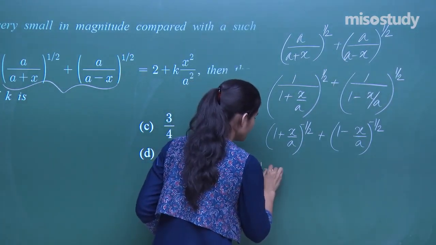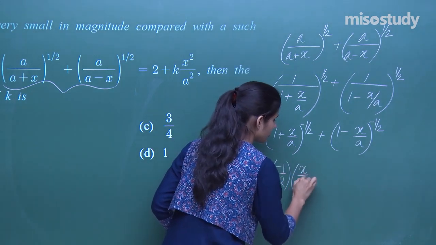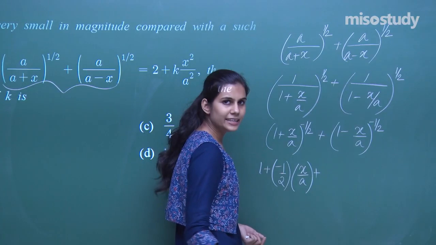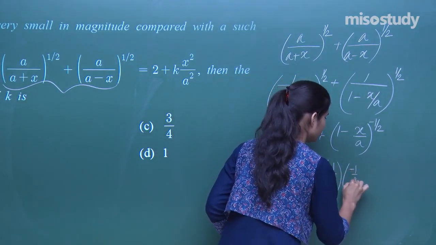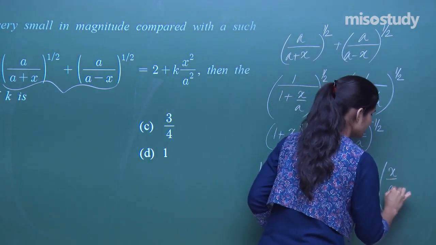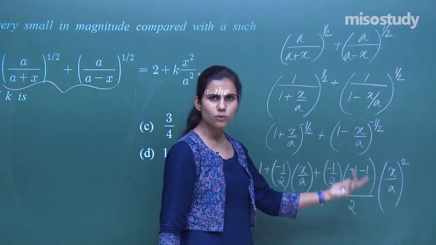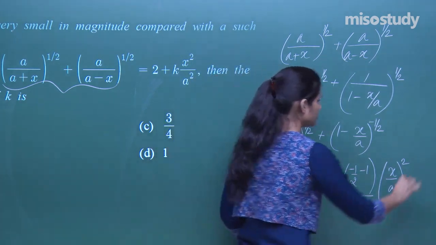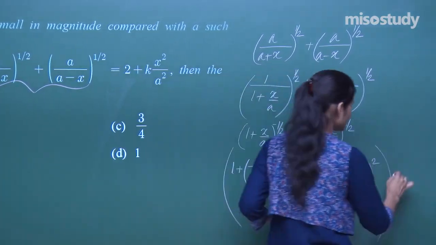What is this? 1 plus nx plus n into n minus 1 by 2 factorial x square. And then because it is very, very small, you can just avoid writing the further terms. Right? This comes out to be equal to what?